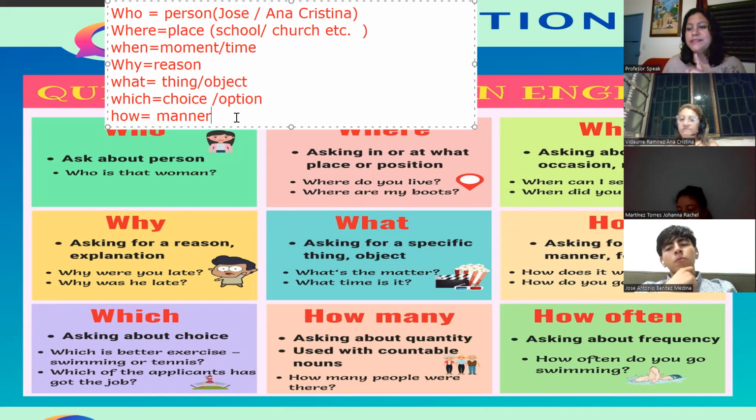Lo único que cambia es el auxiliary, que aquí vamos a usar do or does. No, no vamos a usar am or is. Por ejemplo, aquí es verb to be, miren. Who is? Pero aquí es simple present. Where do you? ¿Ok? Y aquí es verb to be. And this is simple present. So what changes? ¿Qué cambia? El auxiliary. Y eso hace la diferencia si es simple present or verb to be. O simple past. ¿Ok?